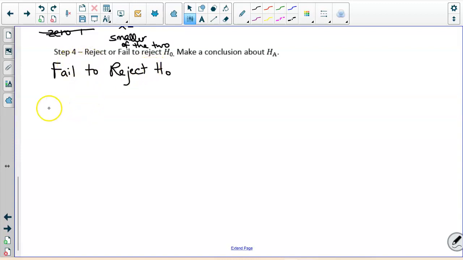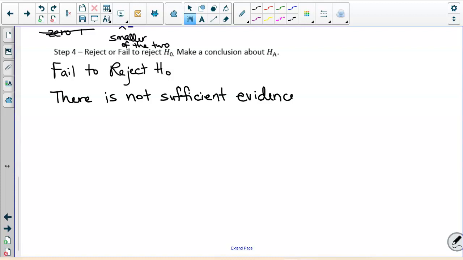So we fail to reject the null, which means there is not sufficient evidence at the 0.05 level of significance to conclude what?